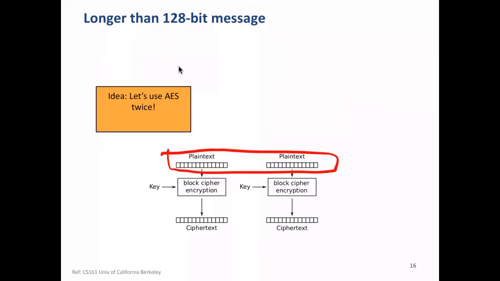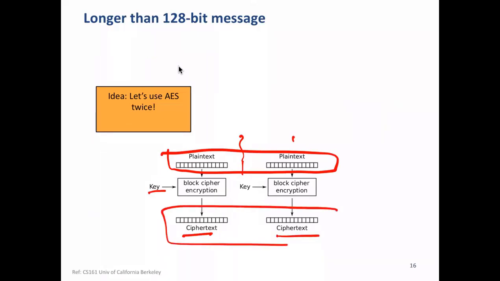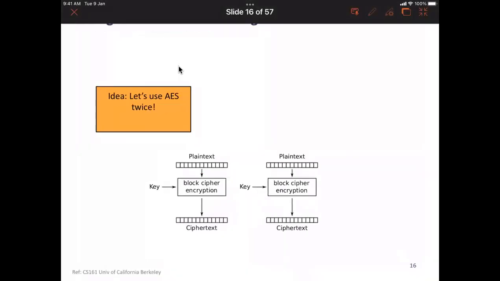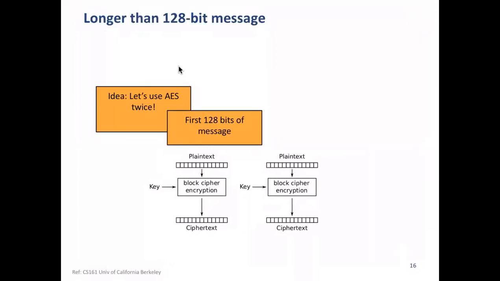But since we can work on 128 bits at a time, it takes the first 128 bits, encrypts it, uses the key, and you get ciphertext. Similarly, for the remaining 128 bits, you do encryption and get this ciphertext, and overall this is the ciphertext. Any question? No? All right. Simple?